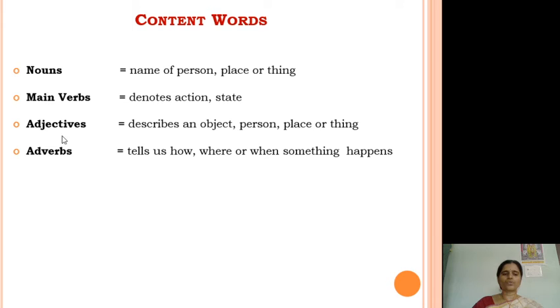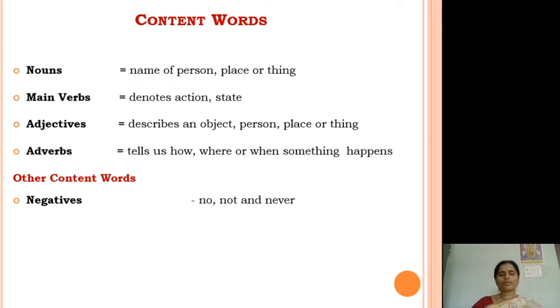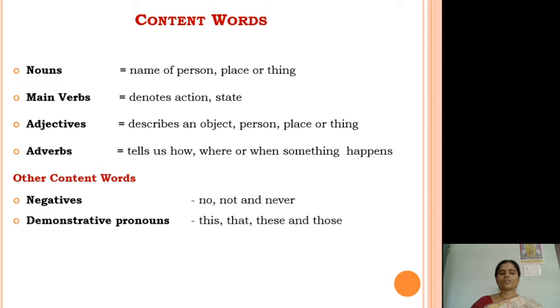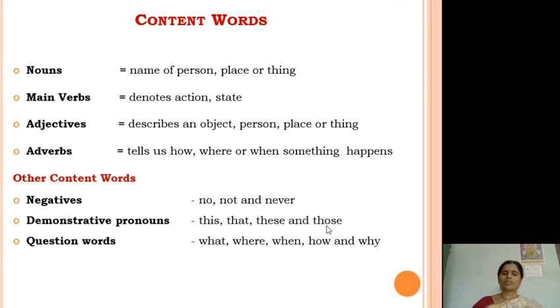Other than these four, we have a few more words which are also considered content words. So what are those? Negatives. The words which are used to give a negative sense in a sentence, that means no, not, and never. And demonstrative pronouns. So what are those? This, that, these, and those. And question words, like what, where, when, how, and why.